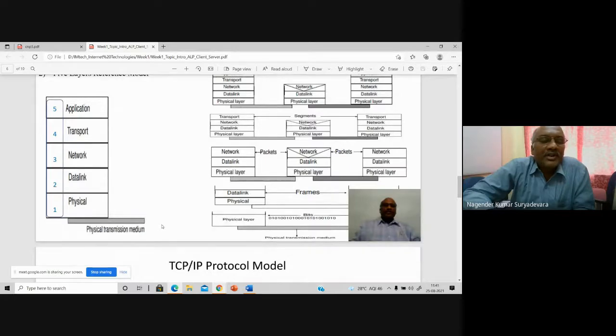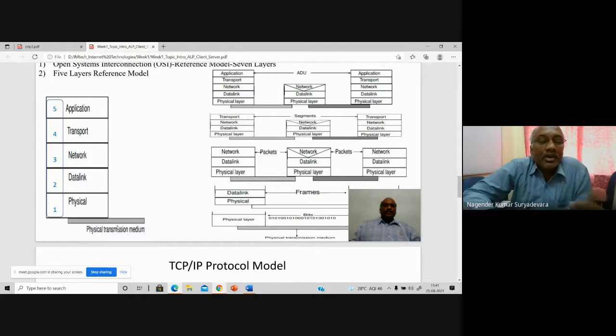Here one device is connected either physically, wired or through a wireless medium, whatever it may be. The physical layer is the one connected to the hardware of your system, which helps you transmit the data either through a wireless adapter, a wired adapter, or a network adapter. Here data gets transmitted.